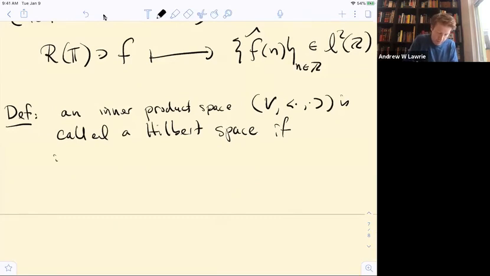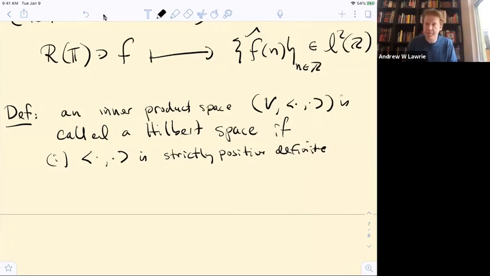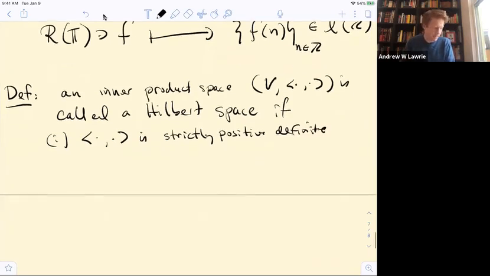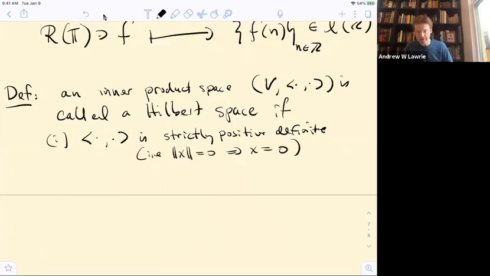One, the inner product is strictly positive definite, not just positive definite. That is, if the vector has zero length, then it's the zero vector.